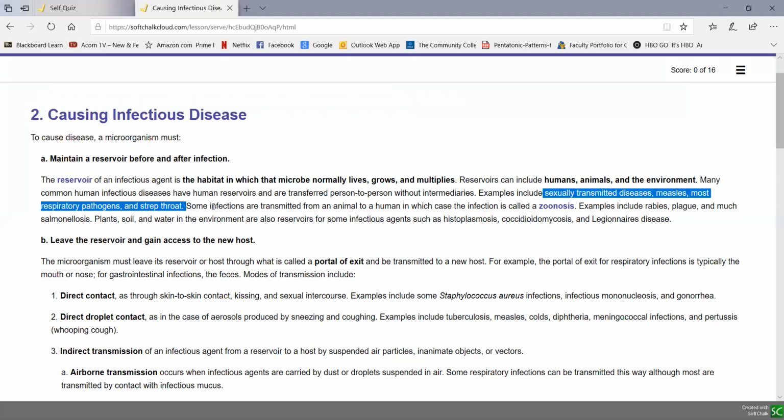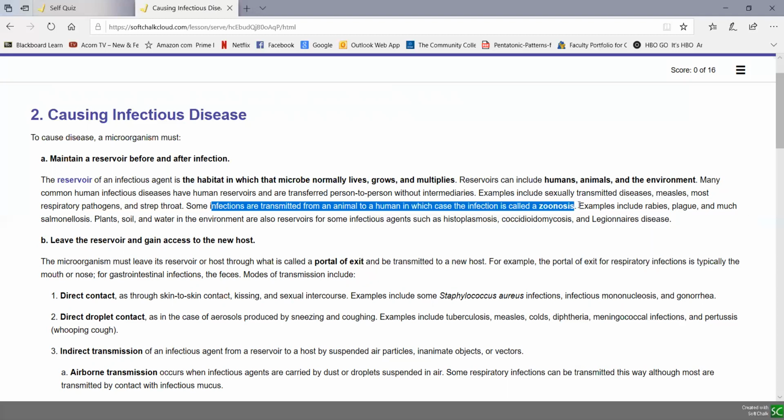Some infections are transmitted from an animal to a human. So whenever a disease is transmitted from an animal to a human, we call that a zoonosis. Examples of zoonoses would include rabies, plague, and most salmonellosis. Most salmonella infections are from ingesting food or water that's been contaminated by feces from animals containing salmonella rather than humans containing salmonella.